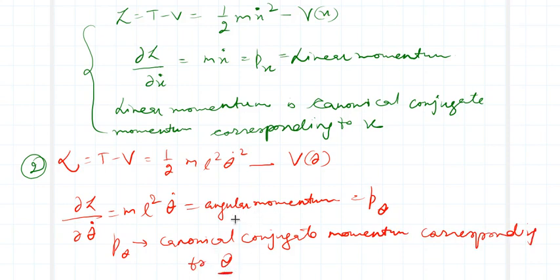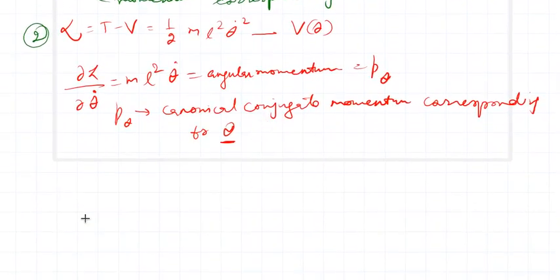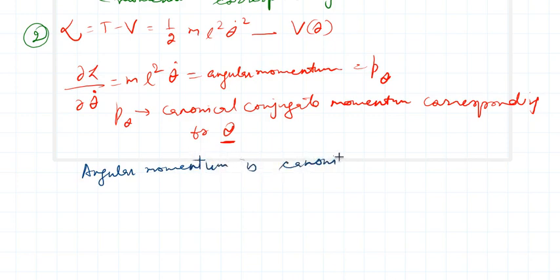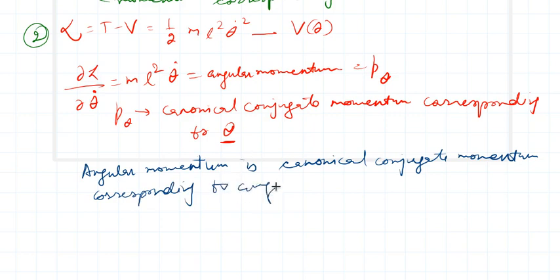So angular momentum is the canonical conjugate momentum, which means I can say that angular momentum is the canonical conjugate momentum corresponding to angular displacement, that is theta.